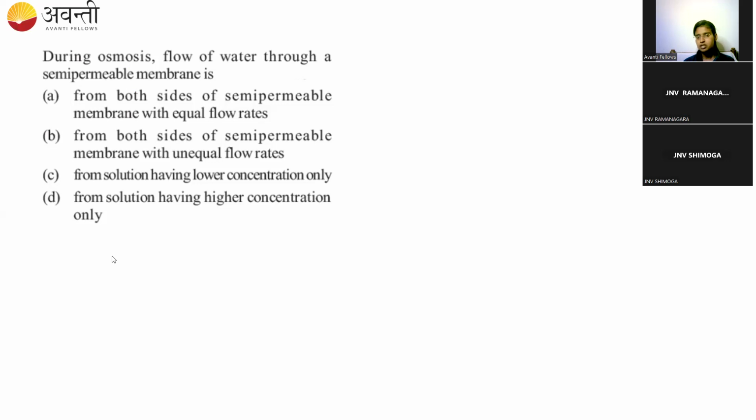During osmosis, the solvent molecules go from low concentration to high concentration. So option C is the correct answer: the flow of solvent through a semi-permeable membrane is from lower concentration to higher concentration.